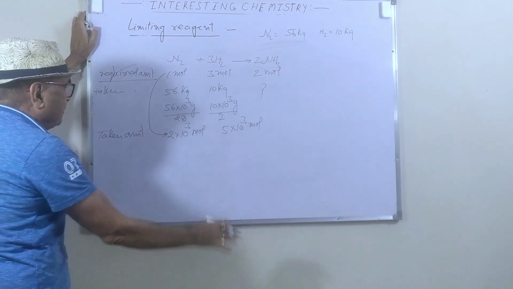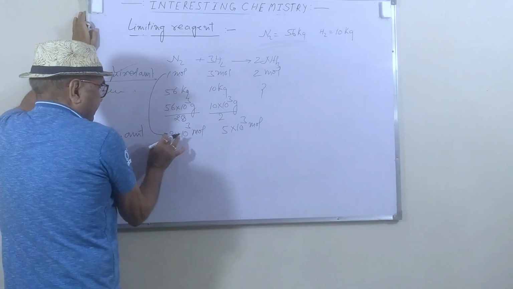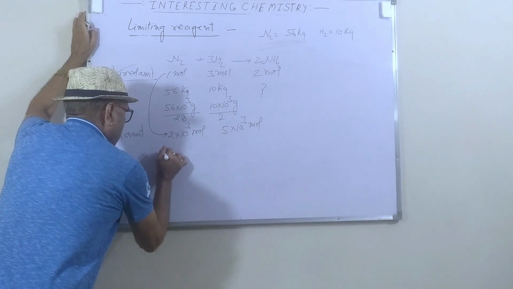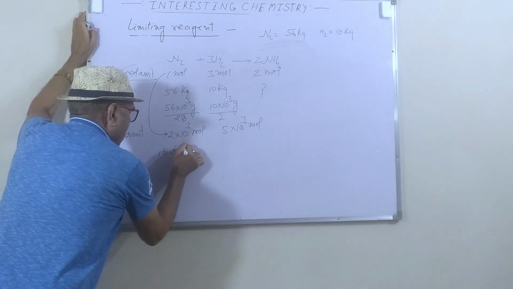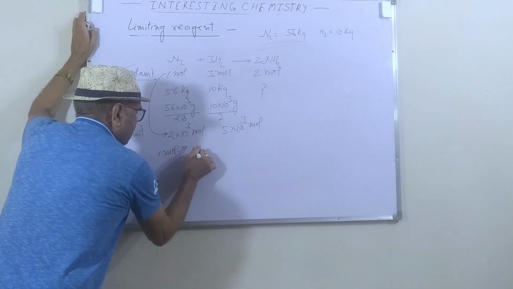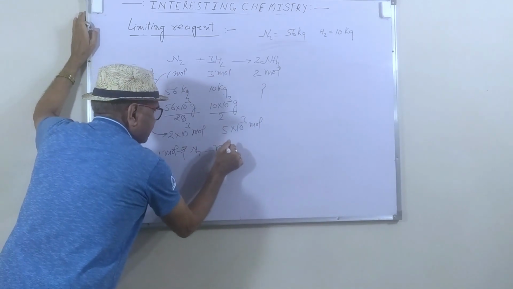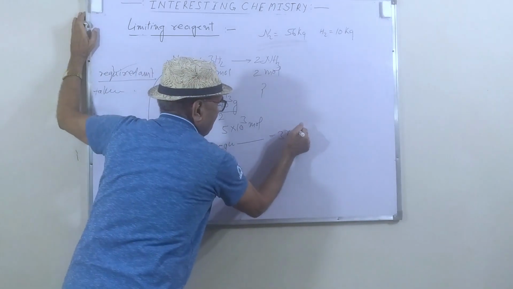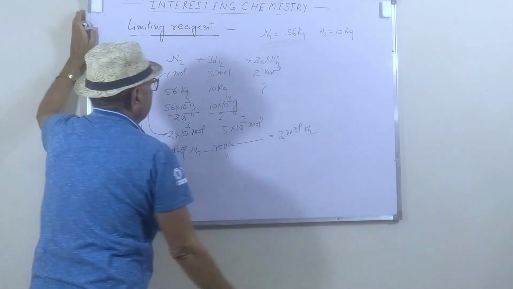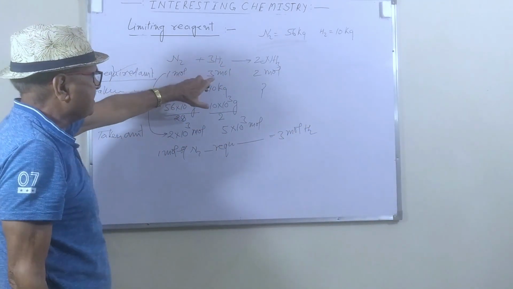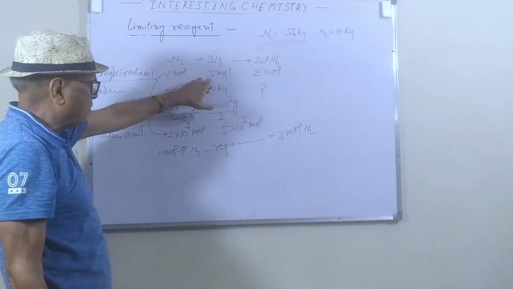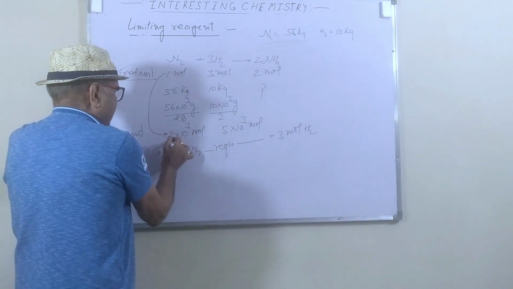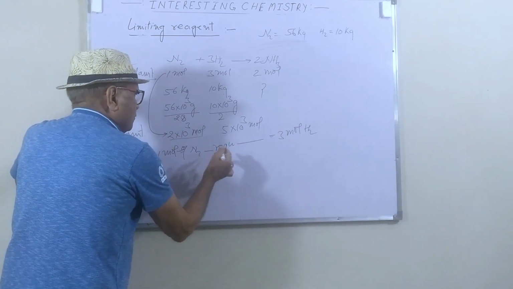Now think about it. 1 mole of nitrogen requires 3 mole of hydrogen, required amount. And what amount do you have of nitrogen? 2 mole.